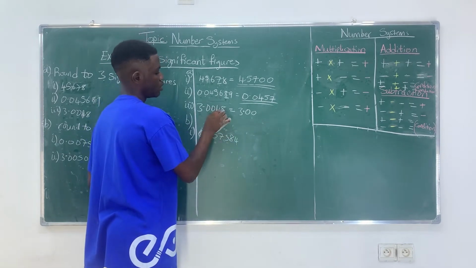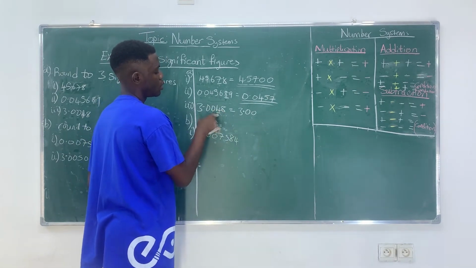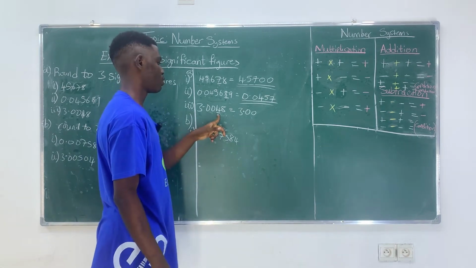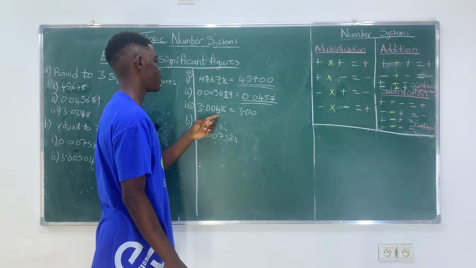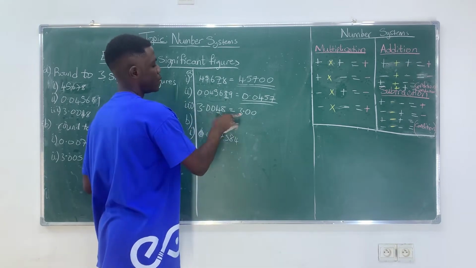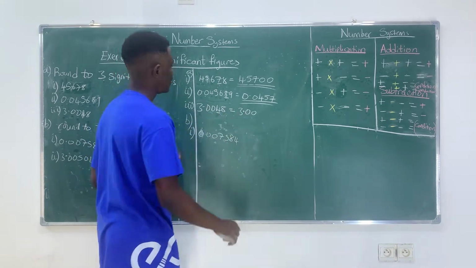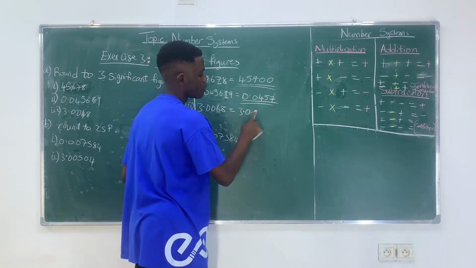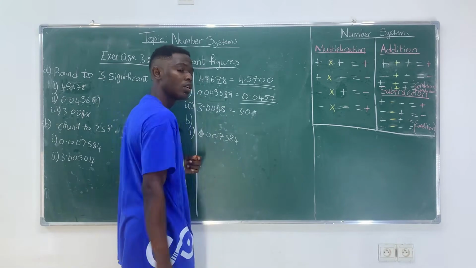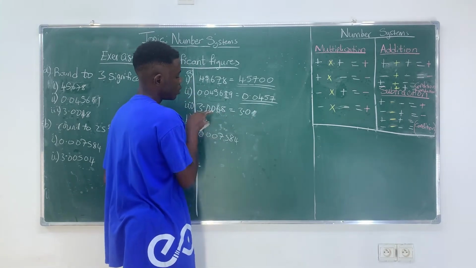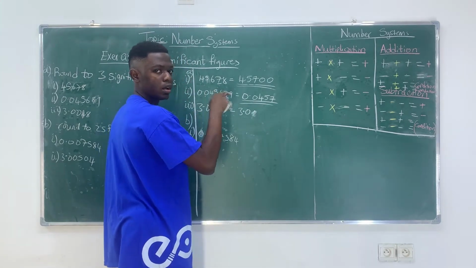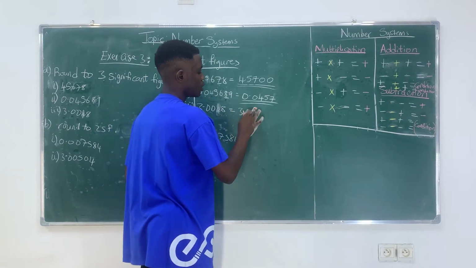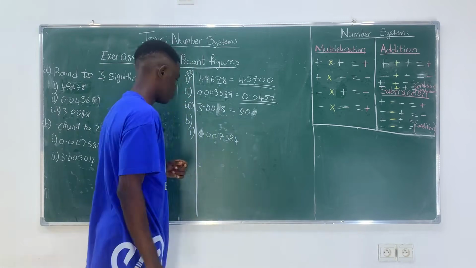Here we had to check if the next number was greater than or equal to 5. If it was 3.005, this would have been 3.01, because it is greater than 5, so I round this up to the nearest whole number on top of it, which is 1.